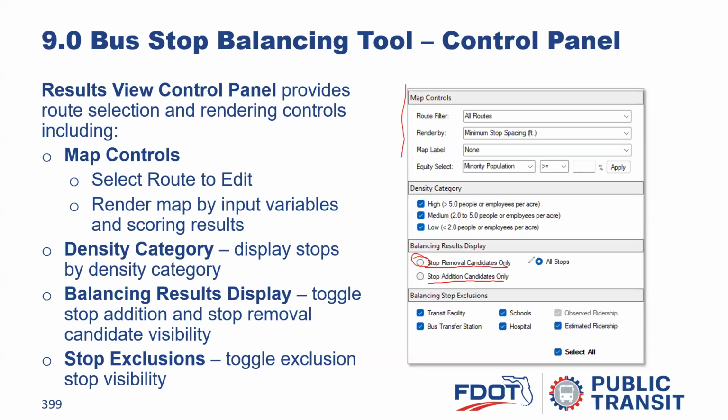So you might want to consider where these stops are that are stop addition candidates. There could be a potential to add more stops there based on the density in that area. All right, and we also have this balancing exclusions, so we can toggle the visibility of our exclusion stops as well.